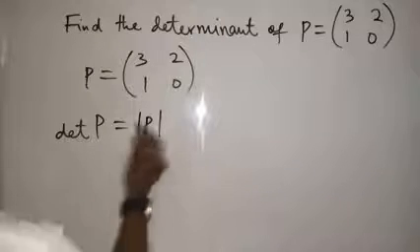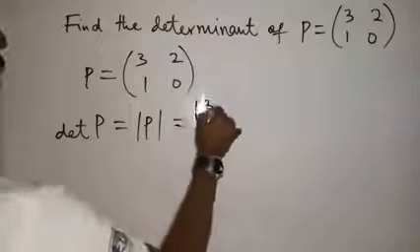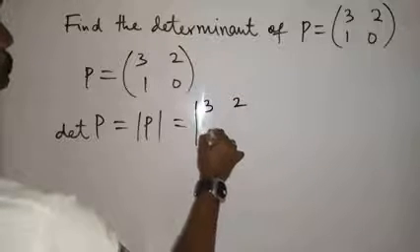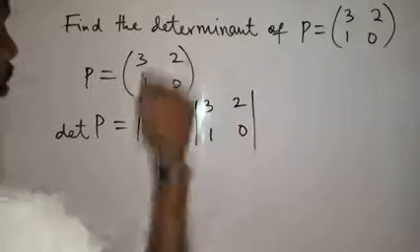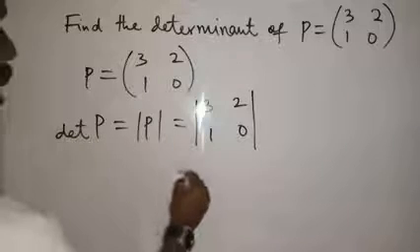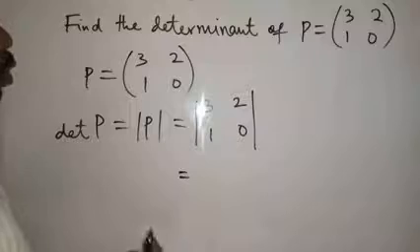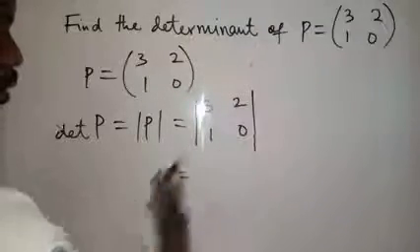When you use that symbol, you can even rewrite this as 3, 2, 1, 0 using this symbol. So you can use any of these three symbols to represent it. How do we do it? Now, we are going to be multiplying and subtracting. We are going to be crossing the diagonals.